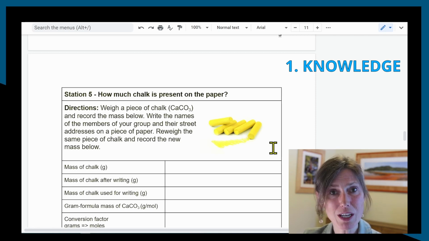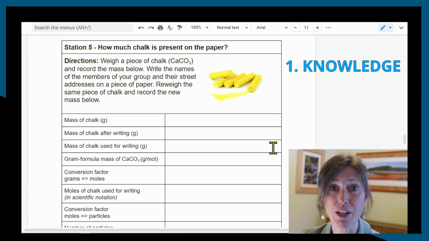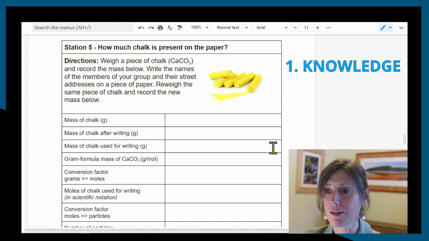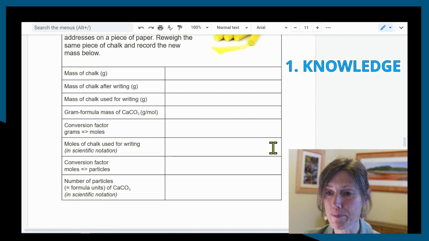And if they re-weigh their chalk pieces, that will result in a loss of some chalk. And then they can figure out, how close is that amount of chalk that was lost to a mole? They can do some other conversions, determine how many chalk particles they actually lost, etc.